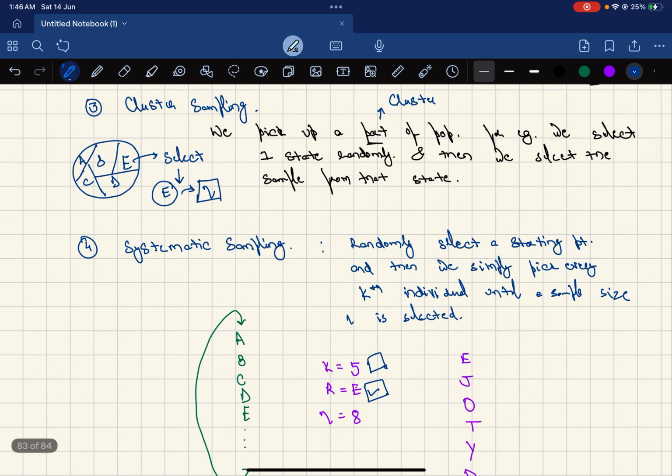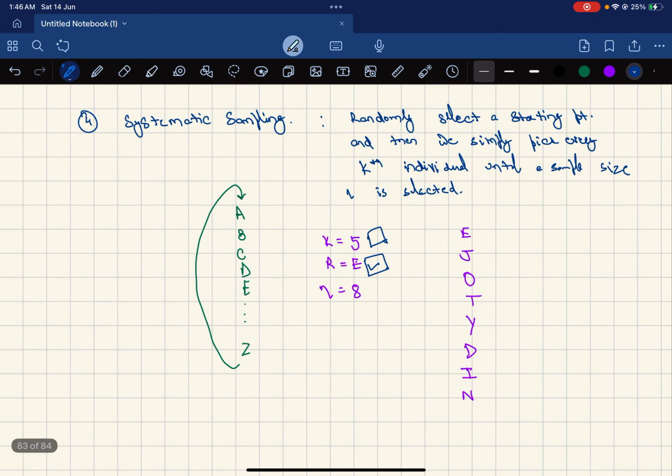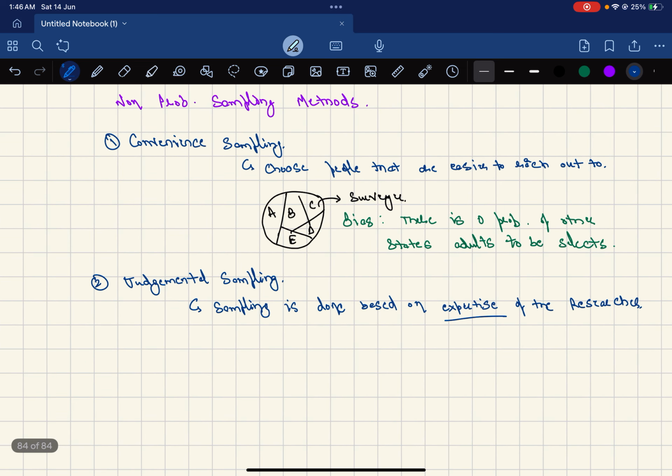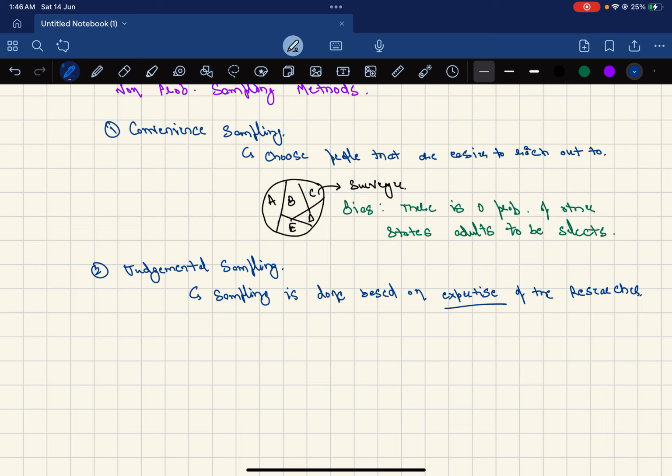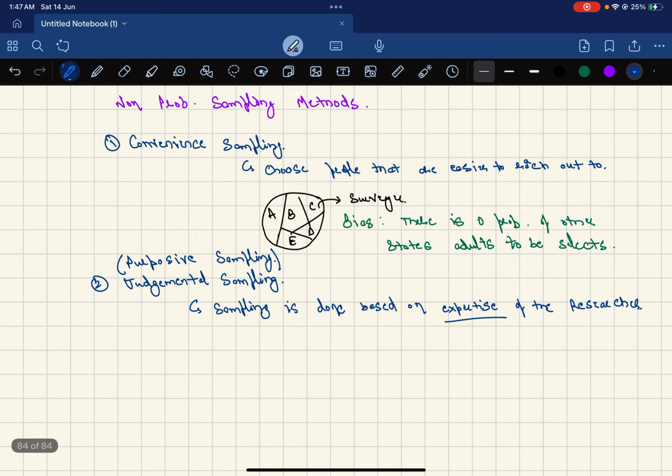Then we looked at cluster sampling and systematic sampling, and finally in the non-probability sampling methods we looked at convenience sampling and judgmental sampling. Judgmental sampling sometimes is also called purposive sampling, since it's done for a particular purpose, like I said. So this is about the sampling methods which we wanted to cover here.